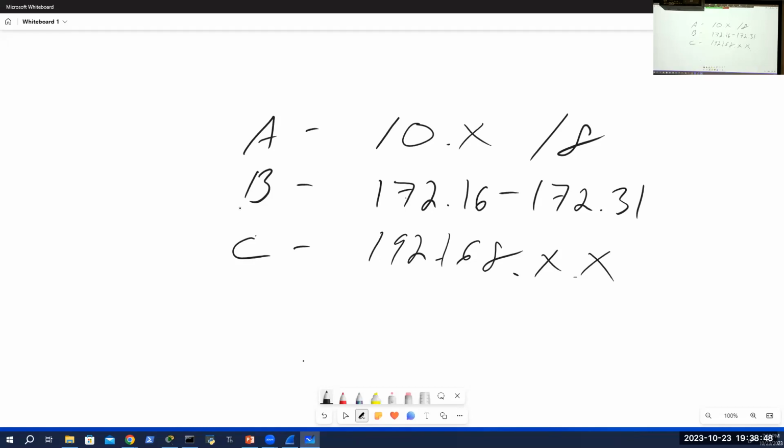What is special about private IP addresses? They can't be routed on the internet.